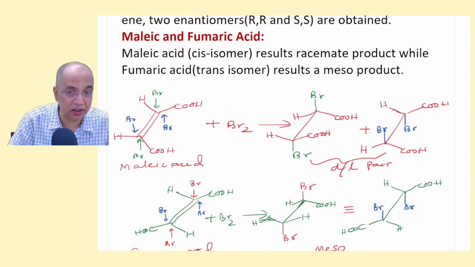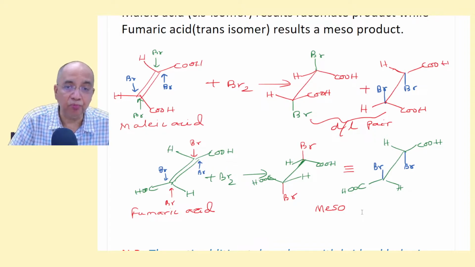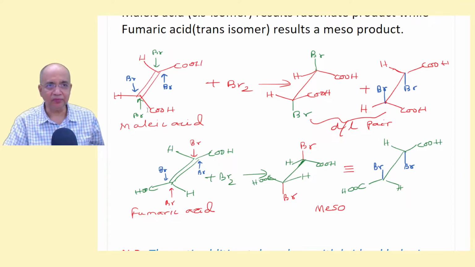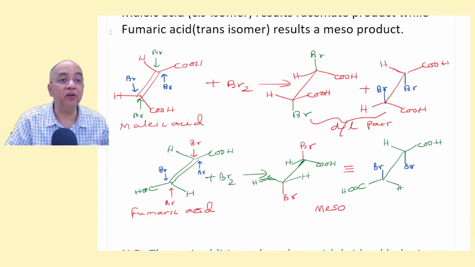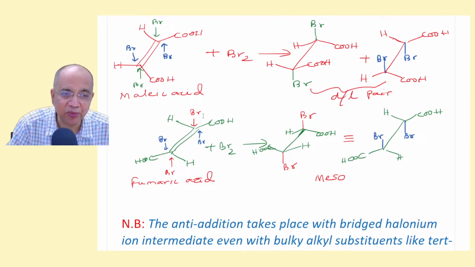maleic acid, the cis will always give the DL pair, and the trans will give you meso, if it is a perfectly symmetrical compound like this. See, fumaric acid is opposite, it's trans dicarboxylic acid. So the bromine atoms are coming trans.